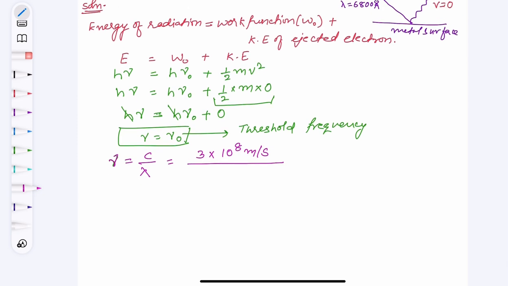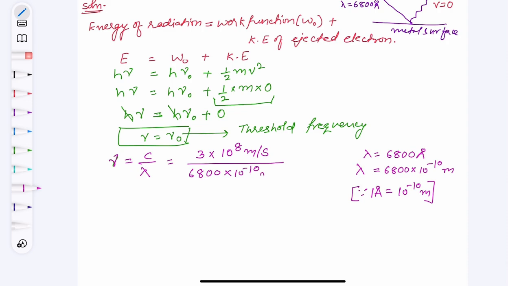Here lambda is given in angstroms, and you can see that your velocity is in meters. So let us convert this into meters. Lambda will be 6800 into 10 to the power of minus 10 meters, because 1 angstrom means 10 to the power of minus 10 meters. So we will put that value of lambda over here: 6800 into 10 to the power of minus 10 meters.